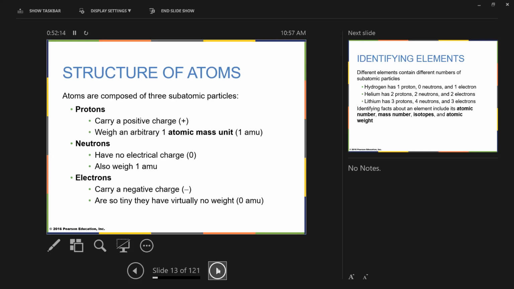In a stable atom, all of the protons are going to be balanced by the same number of electrons. If the atom has 6 protons, a stable atom will have 6 electrons. It isn't so much the size of the electron, it's the charge on the electron. So we have positive and negative charges. To be stable, we have to be balanced.